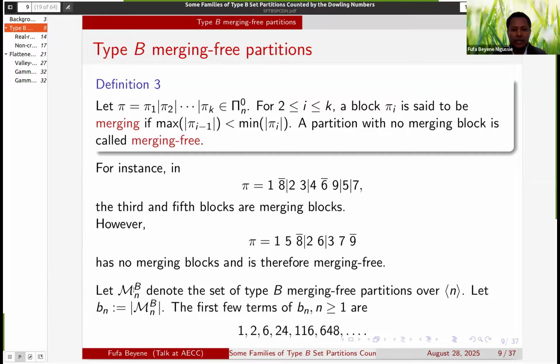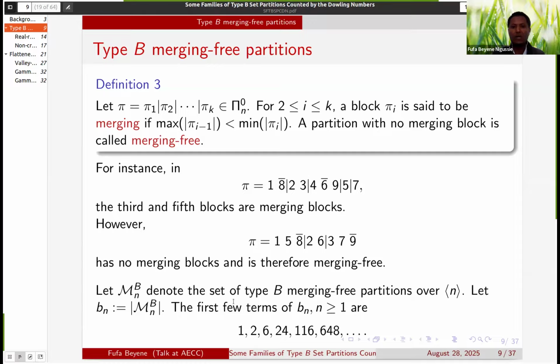Let's denote this to contain all merging free partitions over n, and Bn is its cardinality. By Mathematica, we can see that the first few terms of this sequence are 1, 2, 6, 24, and so on. So I hope you have already recognized that this is similar to the sequence of the Dowling numbers up to shift, because this is for n greater than or equal to 1.